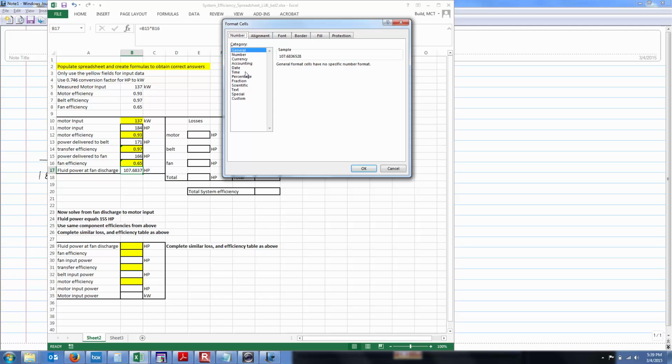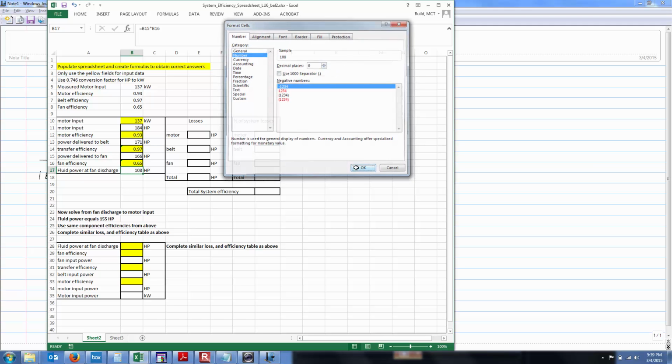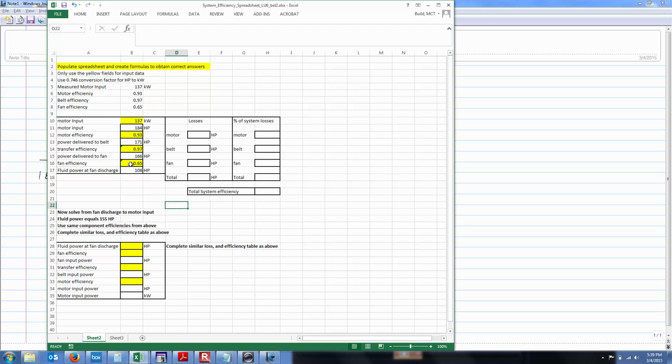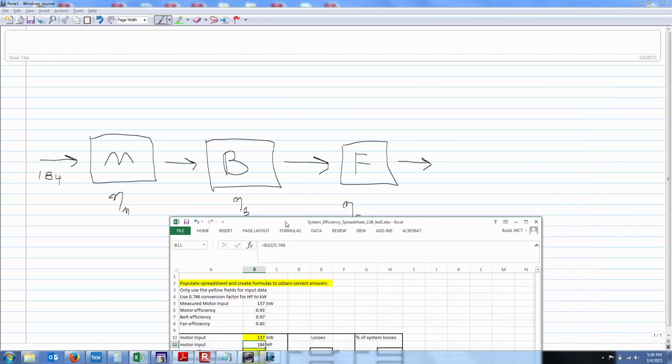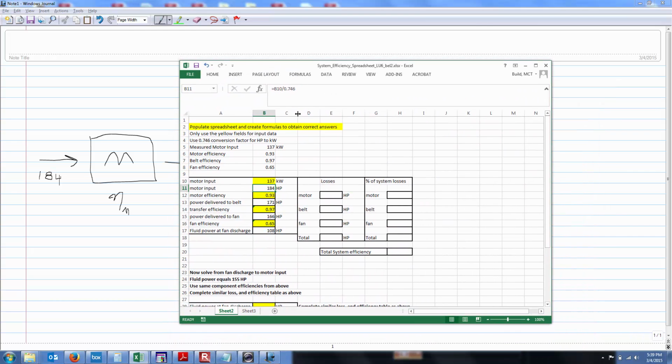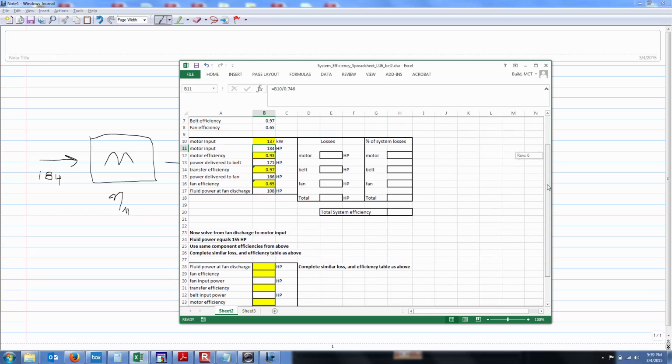Control 1, number, no decimals there. Okay, so as expected, as we move from the power coming into the motor through the system, and again, the system is just this very simple motor, belt, fan, we lose power to noise and friction and heat and all that good stuff.